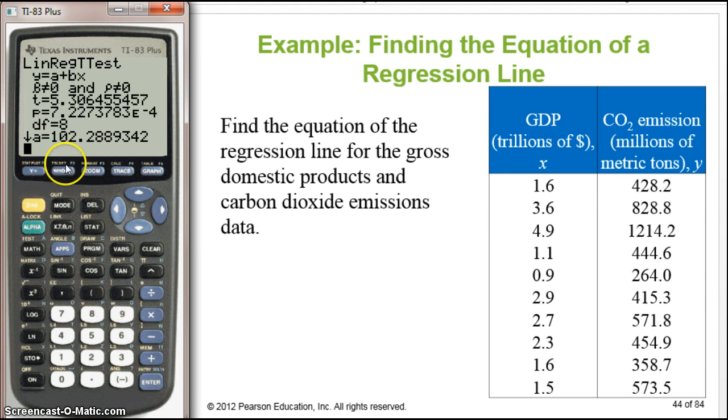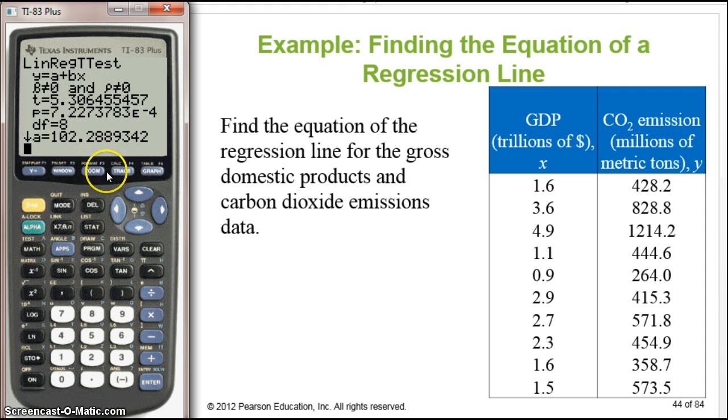And you can see at the top here where it says y equals a plus bx. That's the equation of the best fit line. So all they've done here is switch the order. Where you're used to seeing mx plus b, they put the y-intercept first and call it a, and then b is your slope, and it comes right after.